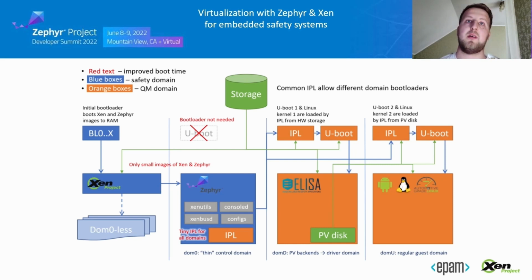To boot external domains, Zephyr should have an image that will make some steps required for booting a newly created domain. It is marked as IPL on this scheme and should have a possibility to load and boot external domain images from some storage: its binaries, device tree, etc. To minimize the footprint of such IPL, we can augment it with a per-domain bootloader, for example, U-Boot, as a next step.